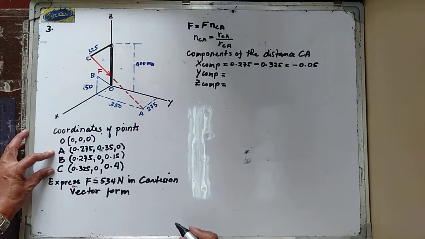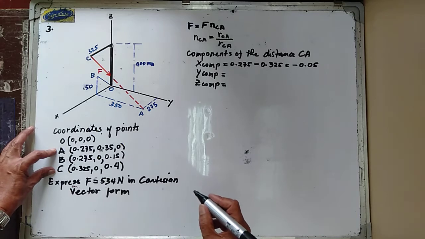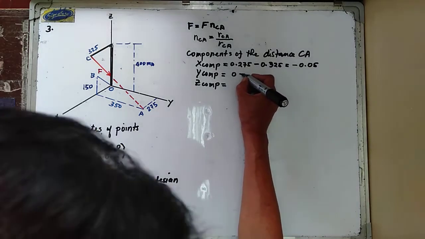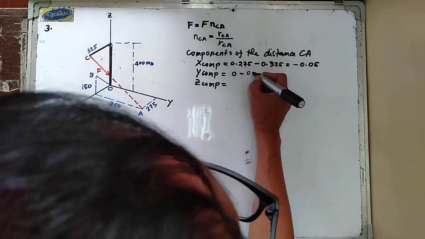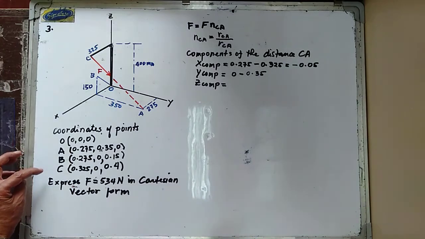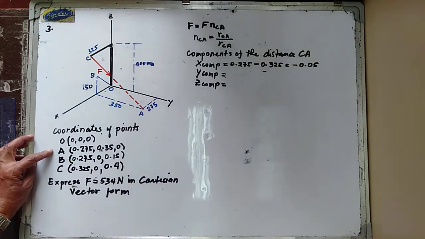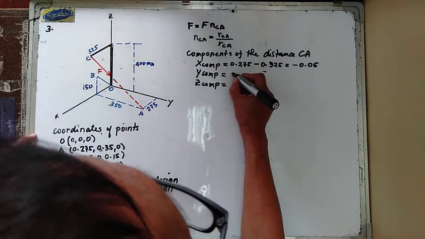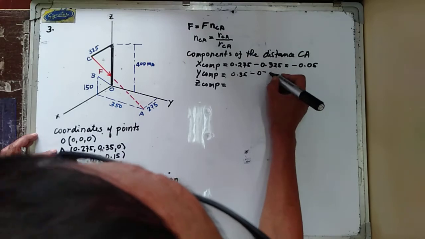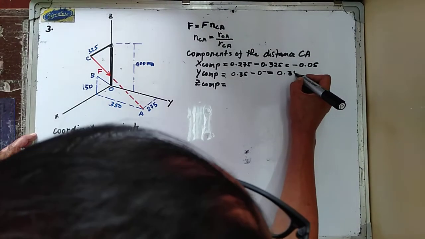For the y component, A minus C, so it is 0.35 minus 0, or that is equal to 0.35.